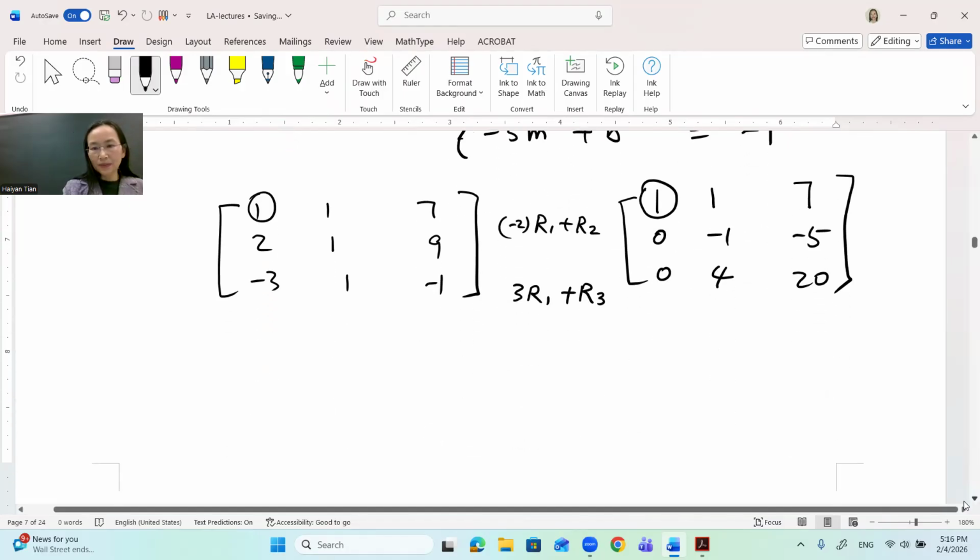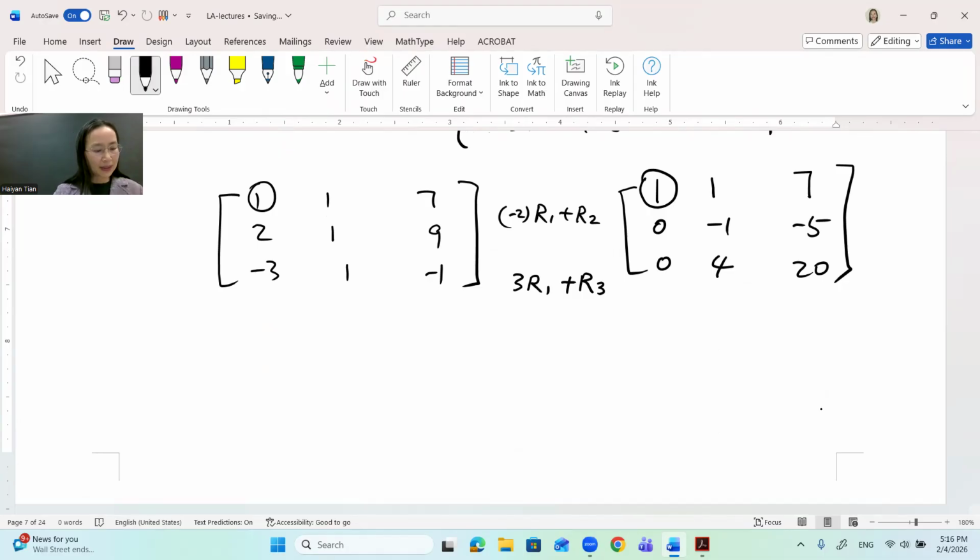and now we can do a scaling. Because in order to get the reduced echelon form, we want to make this the next pivot element. So we can make it into 1. That means the second rule will be multiplied by -1. So this is a scaling operation.